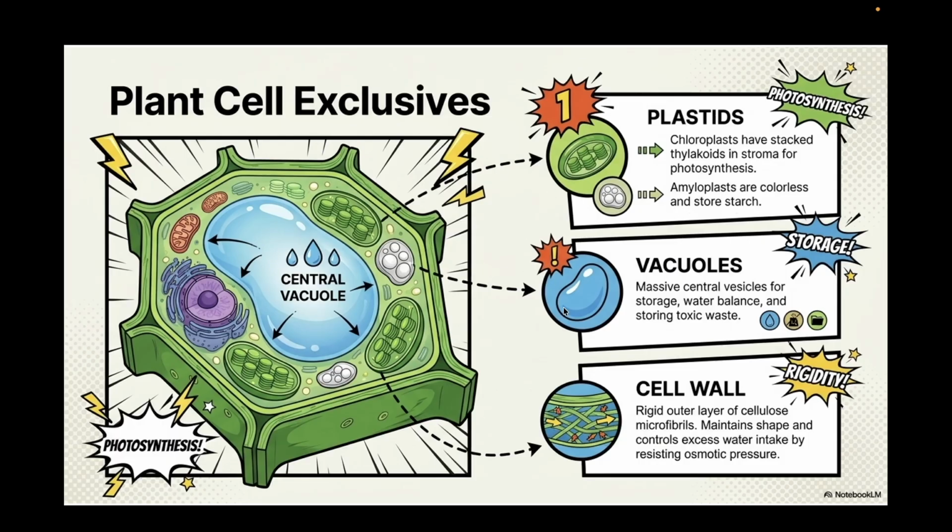The second one is vacuoles. These are massive vesicles that help in the storage of water and toxic waste, maintaining the water balance. The other one is the cell wall. The cell wall is a rigid outer layer of cellulose microfibrils. It helps in maintaining shape and controlling water intake by resisting osmotic pressure.